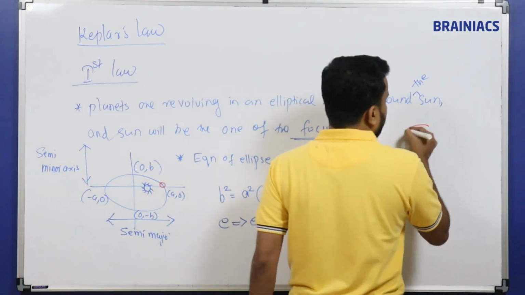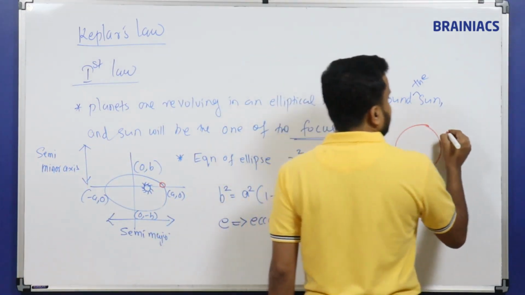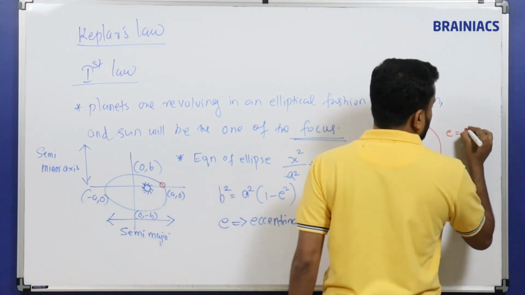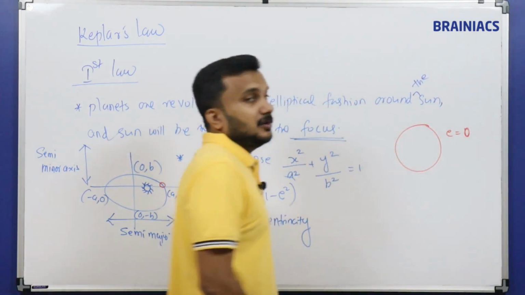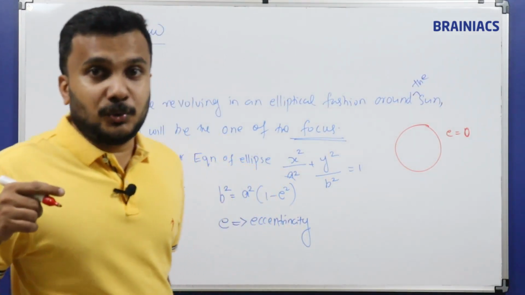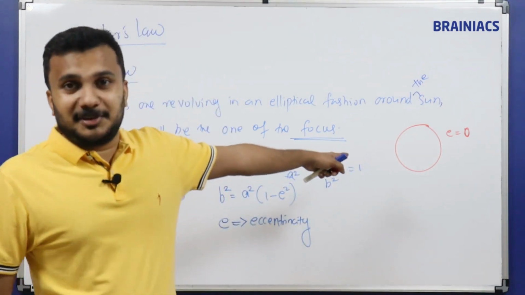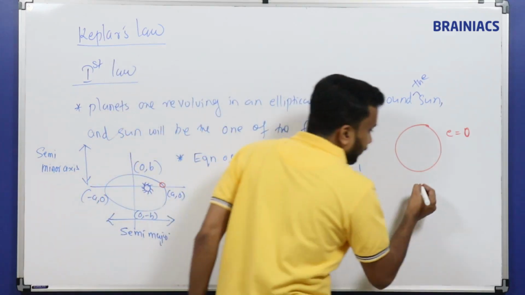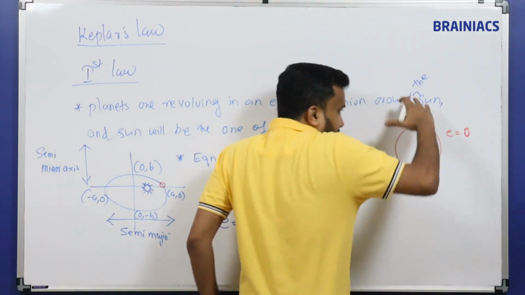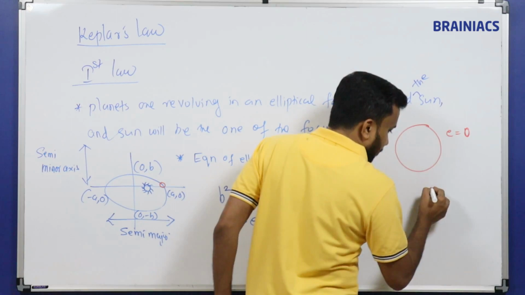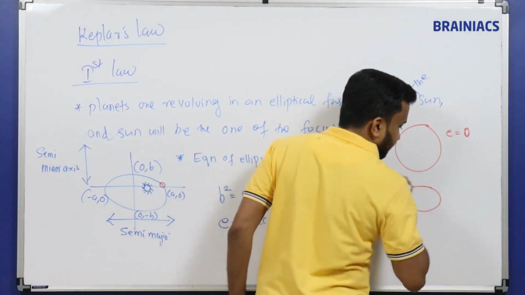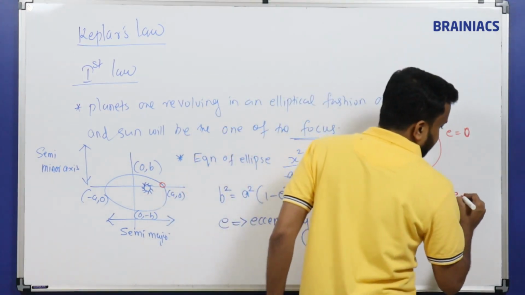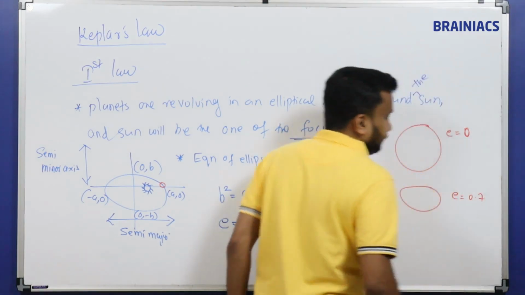I will give you one example. If I take a pure circle like this one, then eccentricity is equal to 0, because this is not an ellipse, this is a perfect circle. Now I am just punching it here, and my structure will be a little like this. Now I will say eccentricity is 0.7.